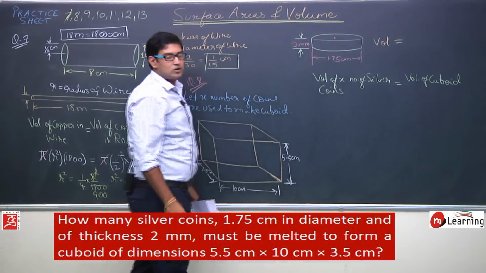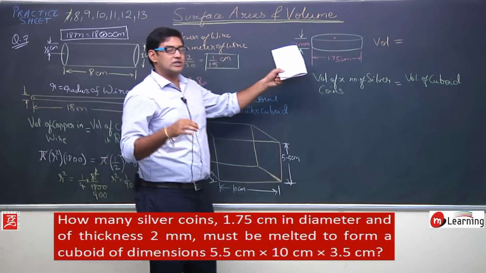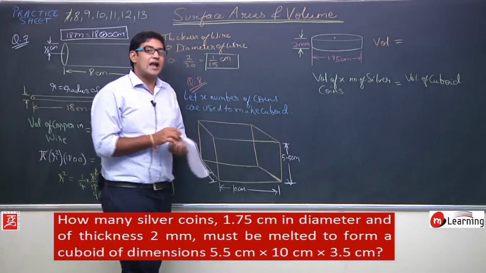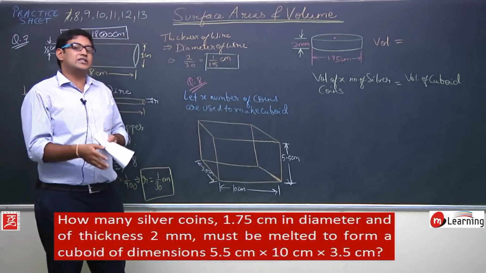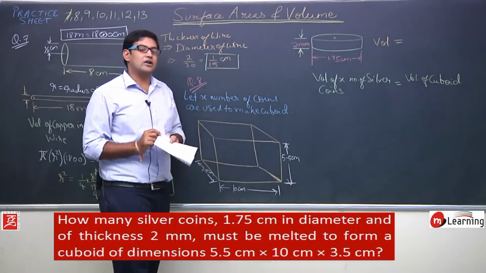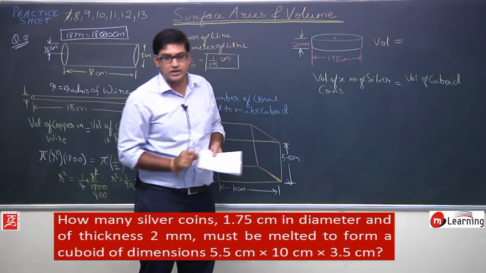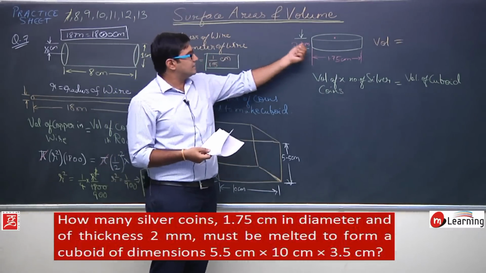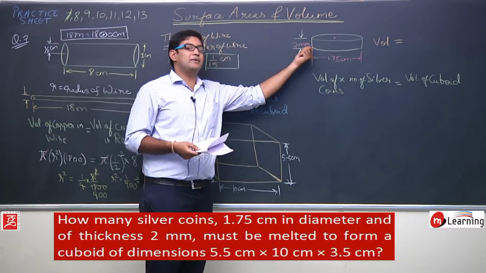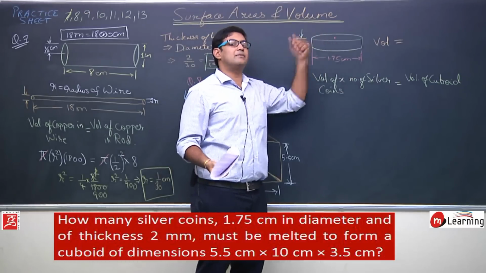What should I do? So just remember that whenever you have a situation in which you have different units, try to convert all the units in the smallest unit. Okay, try to convert all the units in the smallest unit, because it will ease your calculation. For example, I can see I have millimeters and I have centimeters. So should I convert this millimeter into centimeter, or should I convert this centimeter into millimeter?